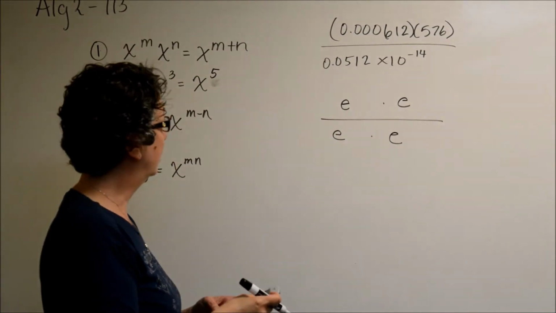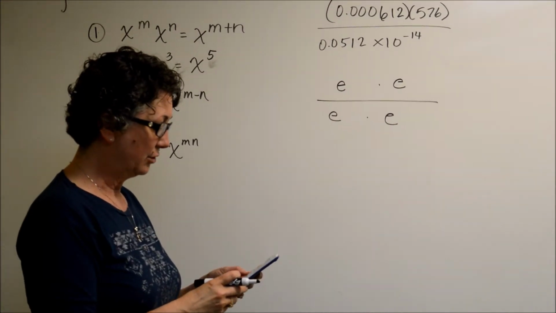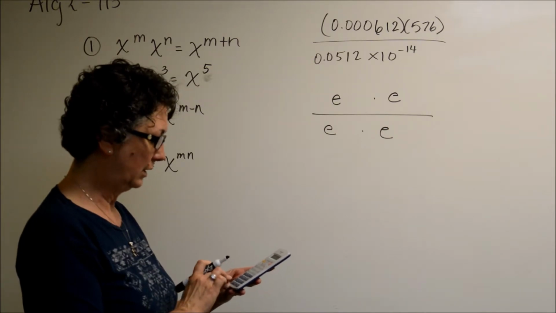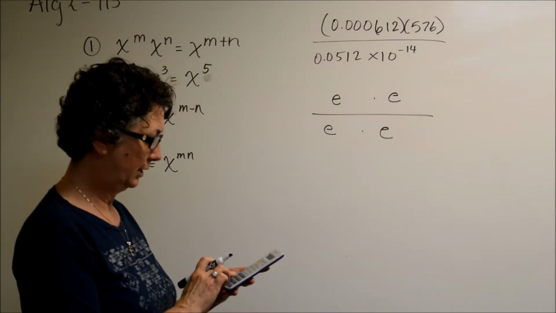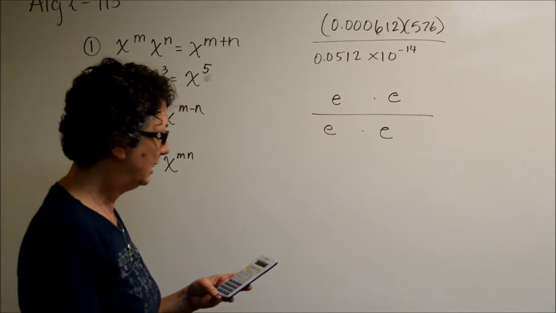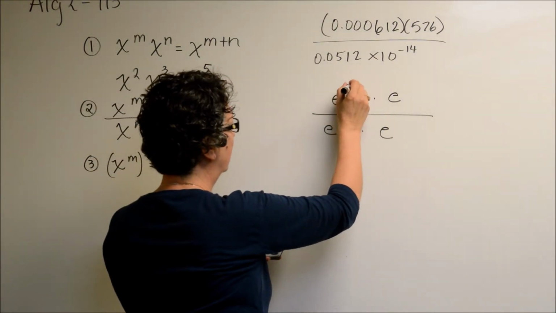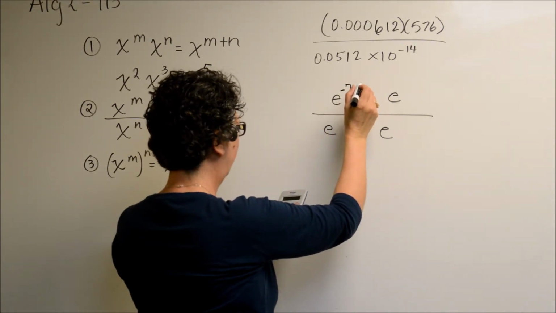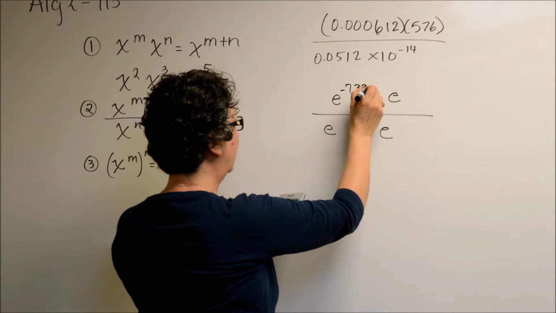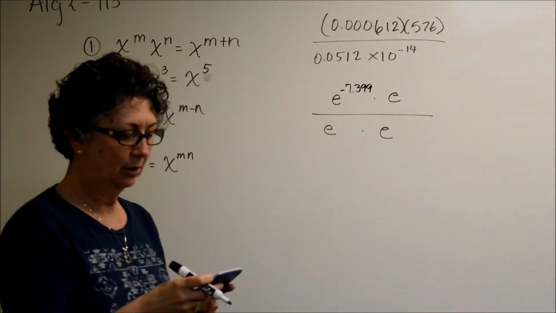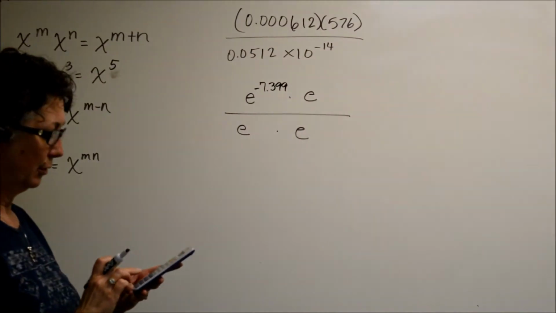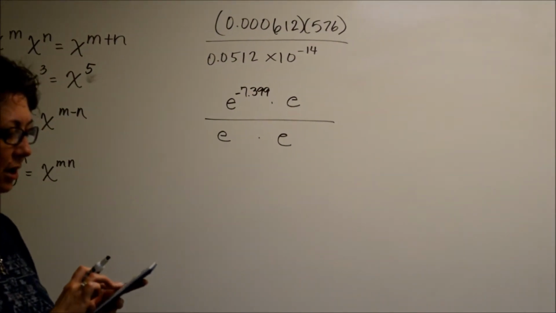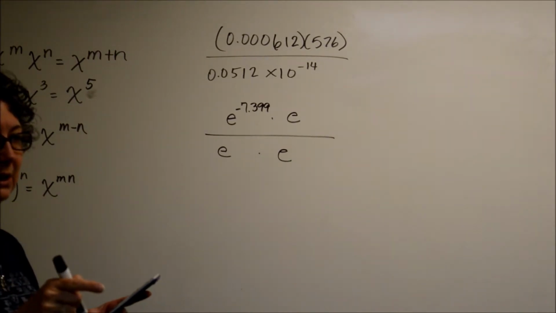So with our calculator, we're going to take the natural log of 0.000612 and hit natural log, and I get negative 7.399. Check that on your calculator. I'm going to take 576 and hit the natural log button. Some of you will put the number in and hit the natural log button.